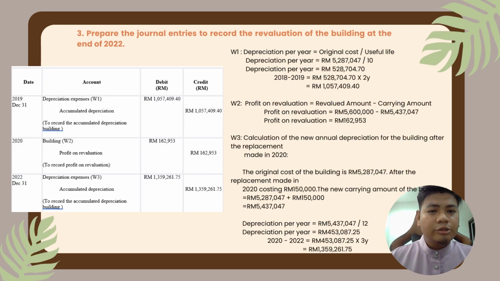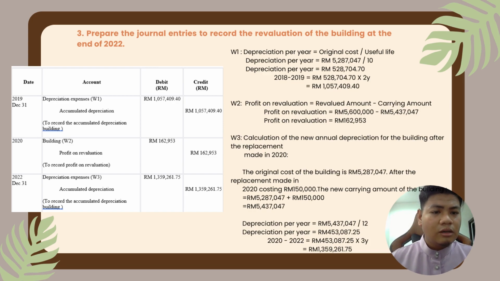Prepare the journal entry to record the revaluation of the building at the end of 2022. First, we do the calculation of debit and credit in the journal, and then the depreciation per year we count, 2,000,000 divided by 2 years, so we get 1,057,490 ringgit 40 cents.